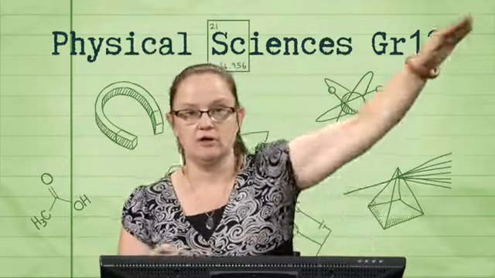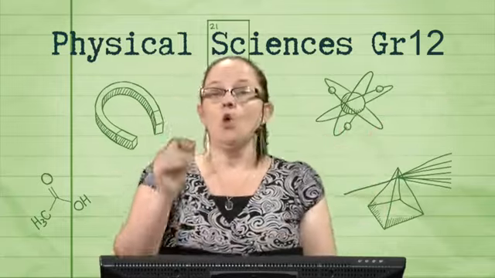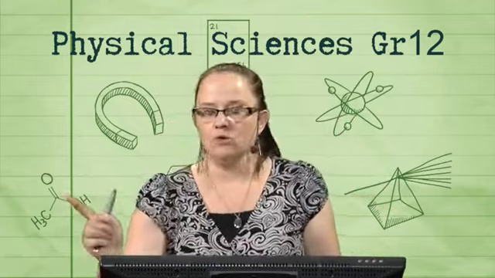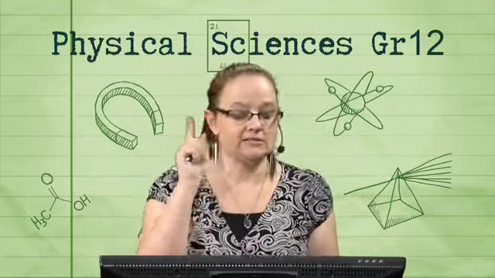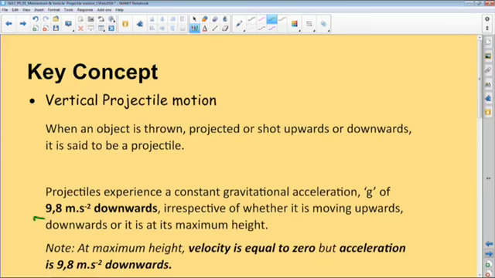They've taken out going at an angle, which makes the math so much easier. What's important though, projectiles are objects under freefall, which means the only thing acting on it is gravity, and that acceleration due to gravity is always 9.8 meters per second squared down. It cannot be anything else.